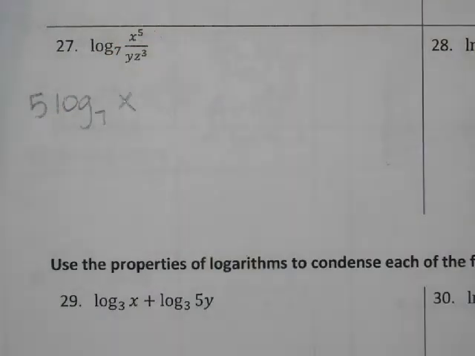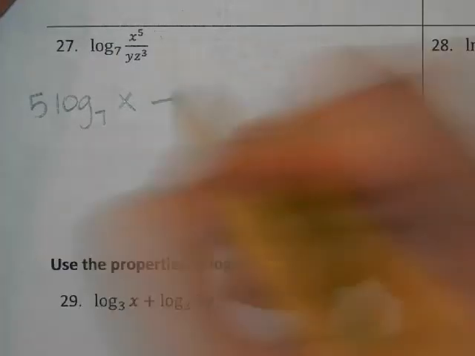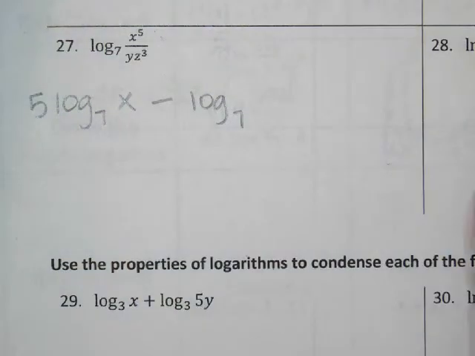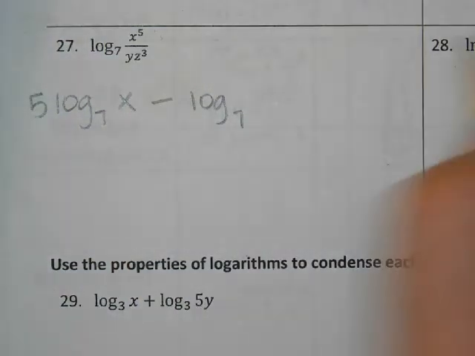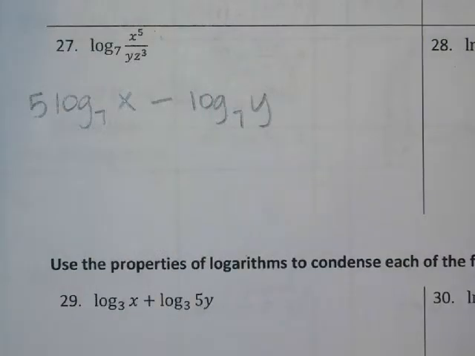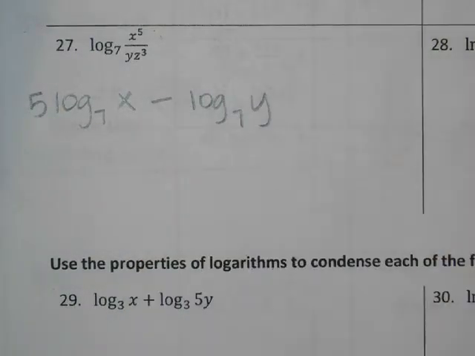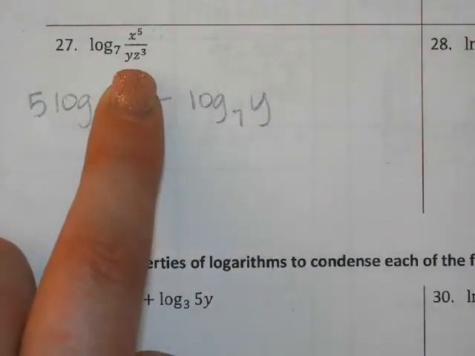Okay. This is a division problem, so what comes next? Minus. Log base 7 of y. What's the exponent on the y? A 1. Okay. So I don't really have to put a 1 in front because we already knew there was just one of them. All right. Now the trick is, do I put a plus for the z because they're multiplied on the bottom?